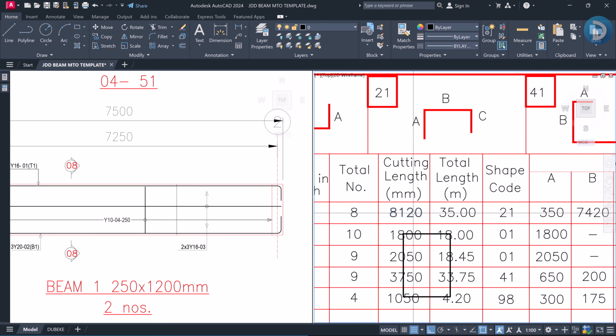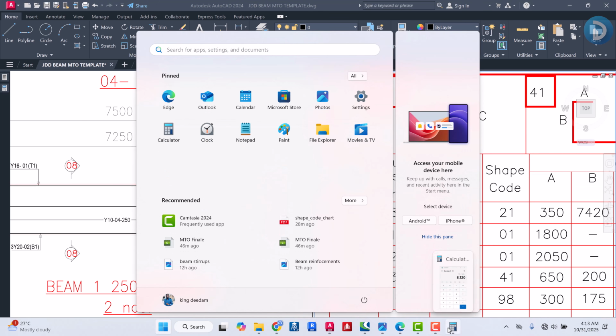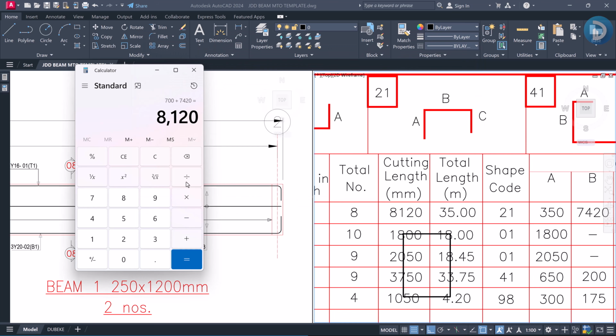So I will convert this to meters because this value has moved from millimeters to meters. If I convert this to meter by dividing by 1000, I'll have 8.12, and I can multiply this by 8 numbers, right? So the total length of reinforcements required for bar mark 01 on both numbers of beam 1 is 64.96 of 16 millimeter.